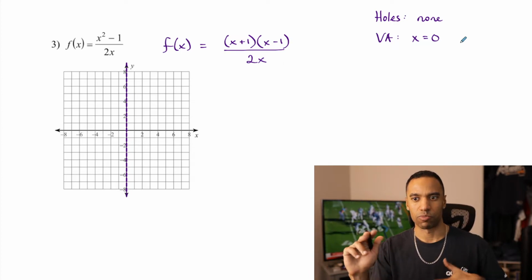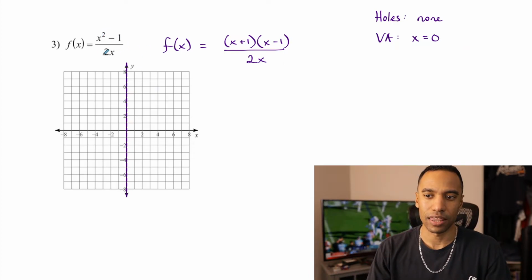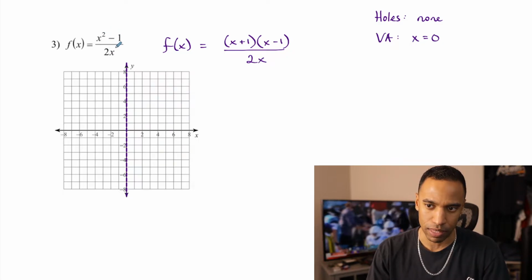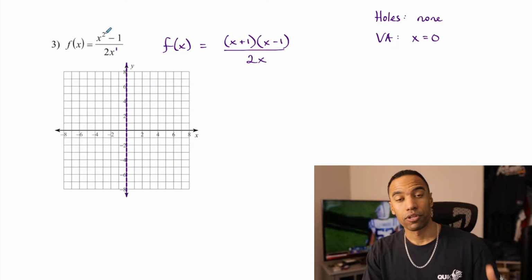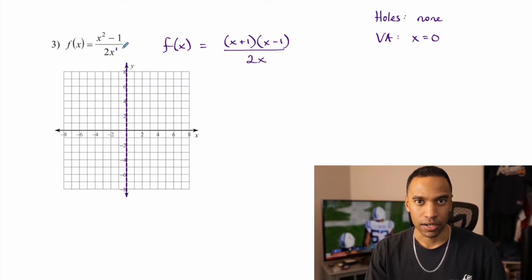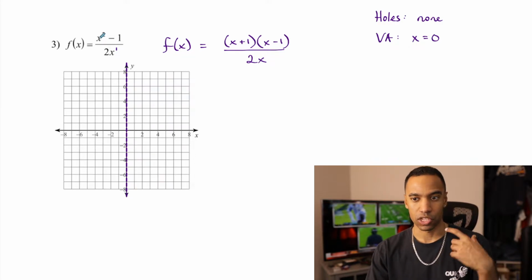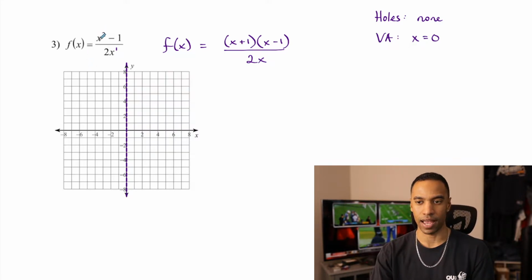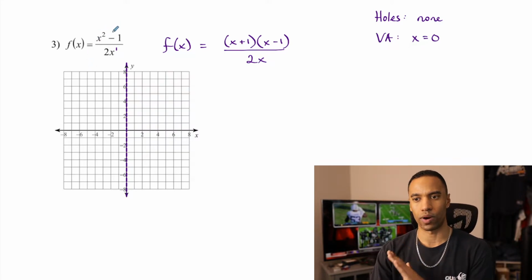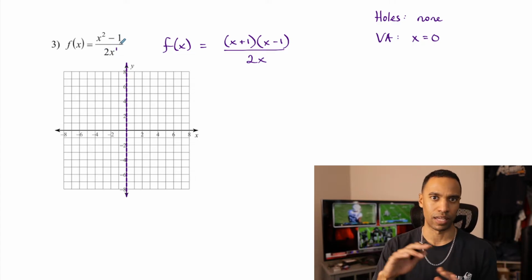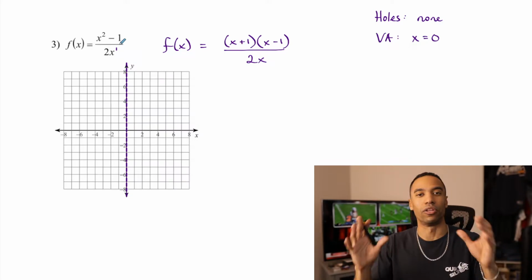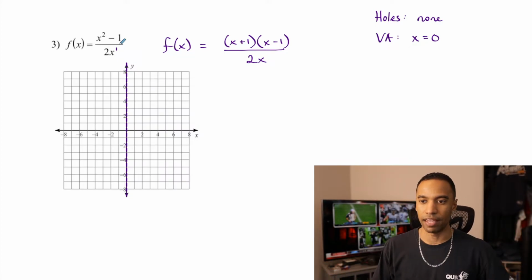Horizontal or oblique asymptote. Okay, so now let's look at the original thing here in standard form and compare x squared over x to the first power. Now the numerator is larger than the denominator. Now it's larger, so this one takes precedence. This takes hold. What happens when I plug in a trillion for x up here and down here? A trillion squared trumps anything times a trillion all day. Well, maybe not a trillion and 1 times a trillion, but as you get larger, infinity, negative infinity, whatever.